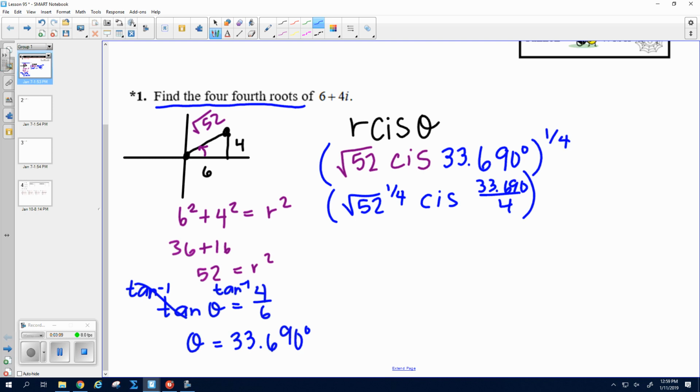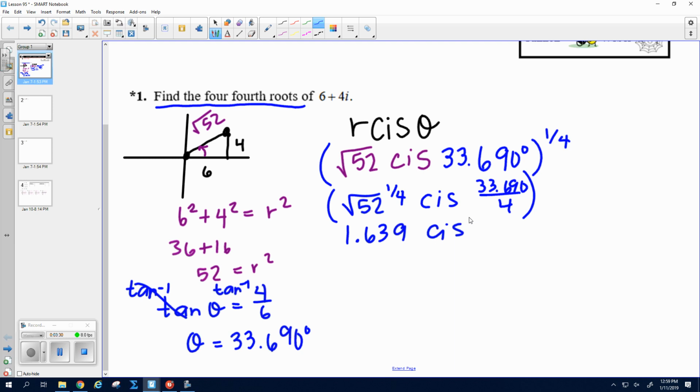Ever remember that? Good. So when you take this square root of 52 to the 1/4, you get 1.639. Again, make sure if you did take the square root of 52 that you don't round ahead of time, right? Use the whole entire number when you plug it into your calculator to the 1/4 power.